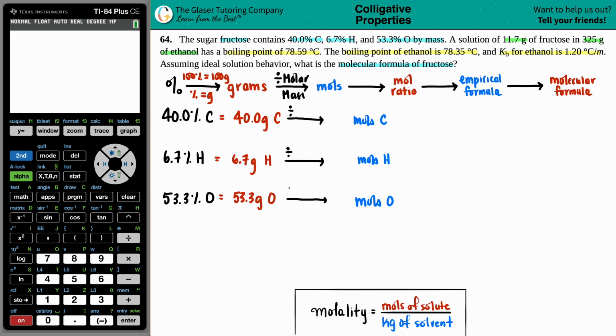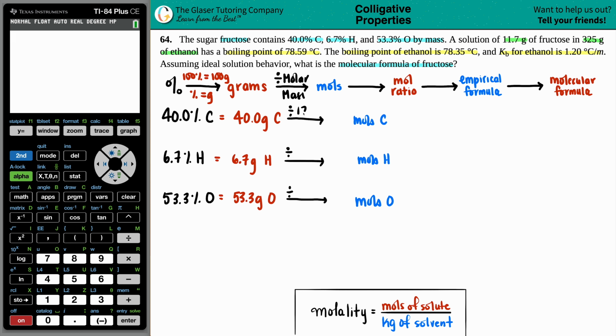Notice here that I'm doing each step together. I'm not taking carbon and going all the way to the end. I'm grouping all three of them, and I'm moving together. So we find all the moles, then we move on all of them to the mole ratio. Let's go on the periodic table and find out what these molar masses are.